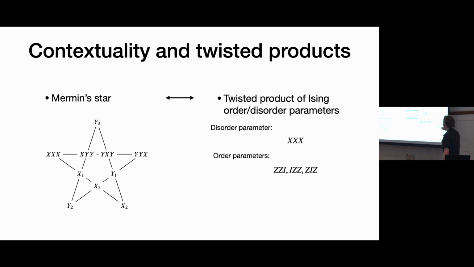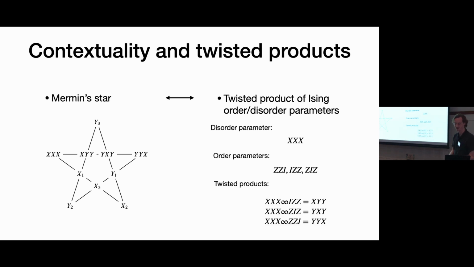And in this Ising model, the condensed matter jargon is that we have a symmetry operator or a disorder parameter that will tell us when we're in the symmetric phase. Then we have these order parameters or order correlators that will tell us when we're in the symmetry breaking phase. And what the operators in this game are doing is basically looking at twisted products of these order and disorder operators.